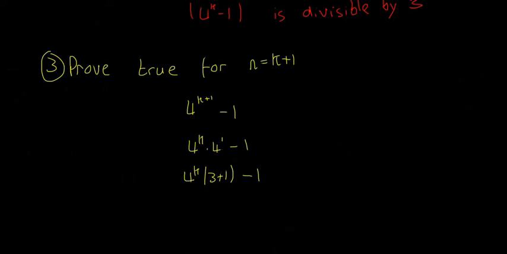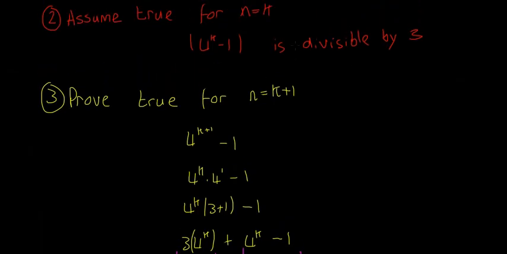Normally you would just add them together and go back to where you started, but now I'm going to multiply this out. So we're going to get 3 multiplied by 4 to the power of k, plus 1 multiplied by 4 to the power of k, which I'll just write as 4 to the power of k, and then minus 1 is the last thing. Now what you might spot is that 3 multiplied by 4 to the power of k is divisible by 3 because 3 is a factor of it, and 4 to the power of k minus 1 is also divisible by 3 because we assumed that.